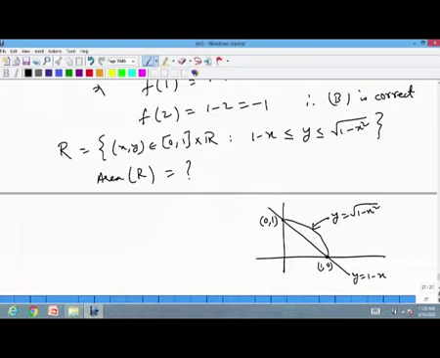So, this is the circular arc of radius 1.